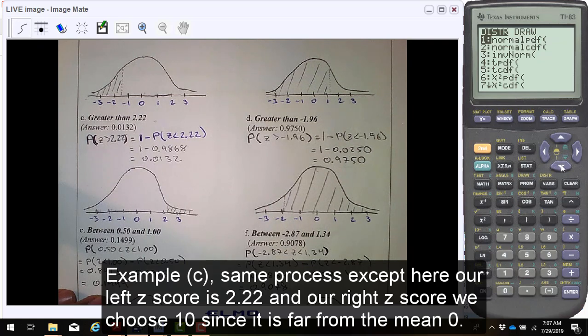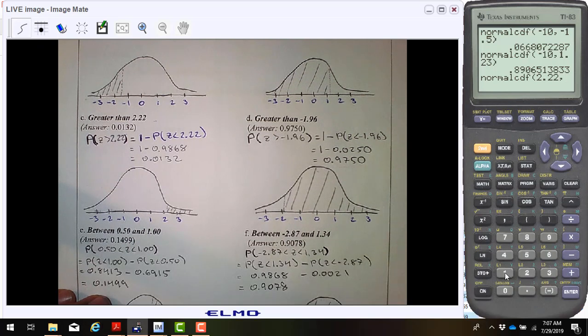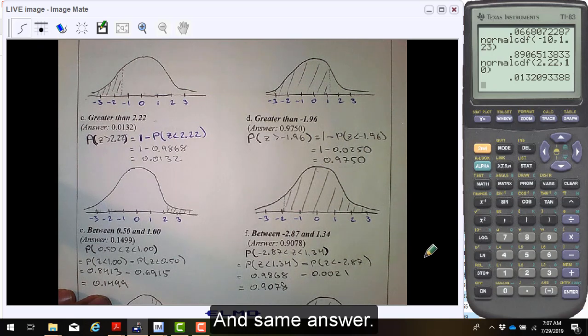Example C, same process except here our left z-score is 2.22 and our right z-score we choose 10 since it is far from the mean 0. And same answer.